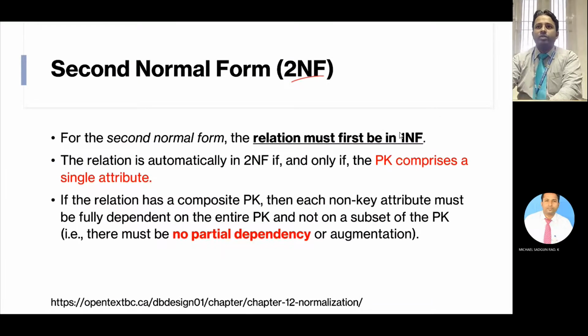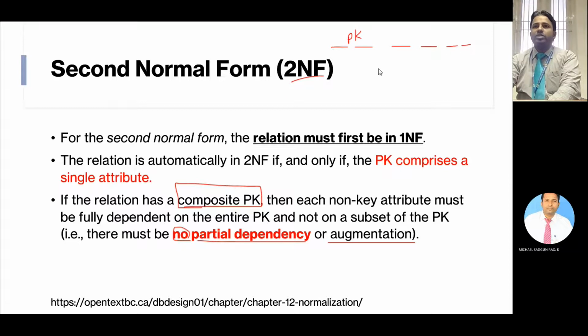Then second normal form. In second normal form, we have to eliminate the partial dependency. Means what? There should not be a partial dependency. Partial dependency means, suppose when you look at a composite primary key, suppose these two are primary keys and the remaining are normal attributes.